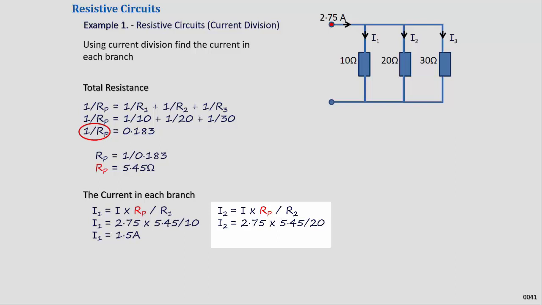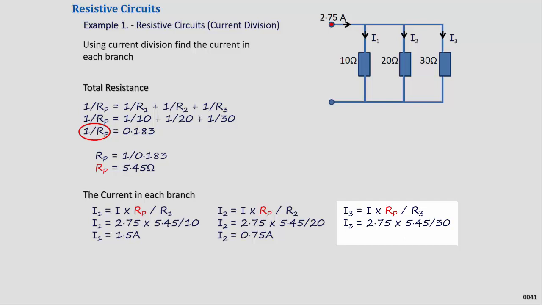Substituting the values, I2 equals 2.75 times 5.45 divided by 20, which equals 0.75 amperes. And I3 equals I times Rp divided by R3. Substituting the values, I3 equals 2.75 times 5.45 divided by 30, which equals 0.5 amperes.